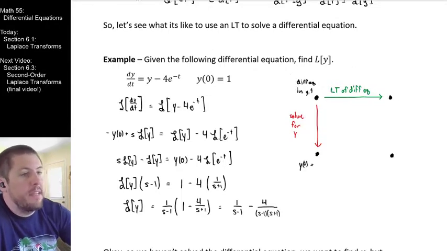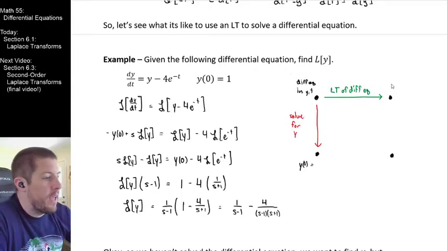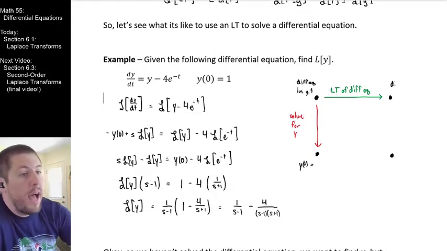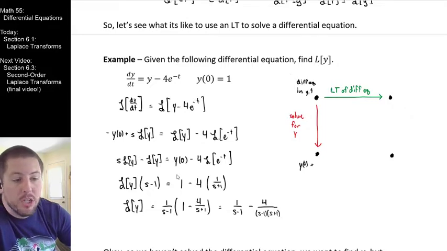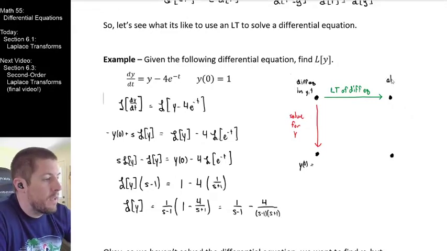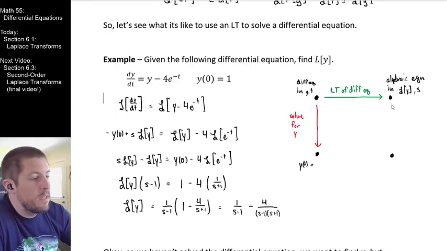And this gives us an algebra equation. That's the important part right here, is we ended up only doing algebra to solve for L of y. This gives us an algebraic equation in terms of the Laplace of y and s.